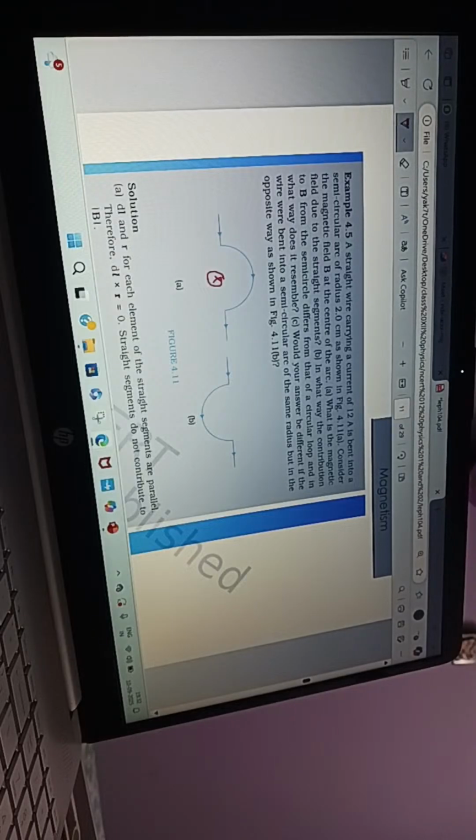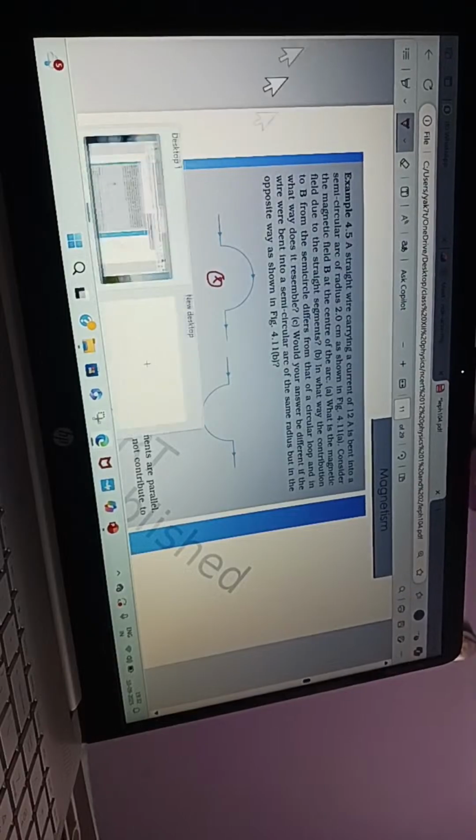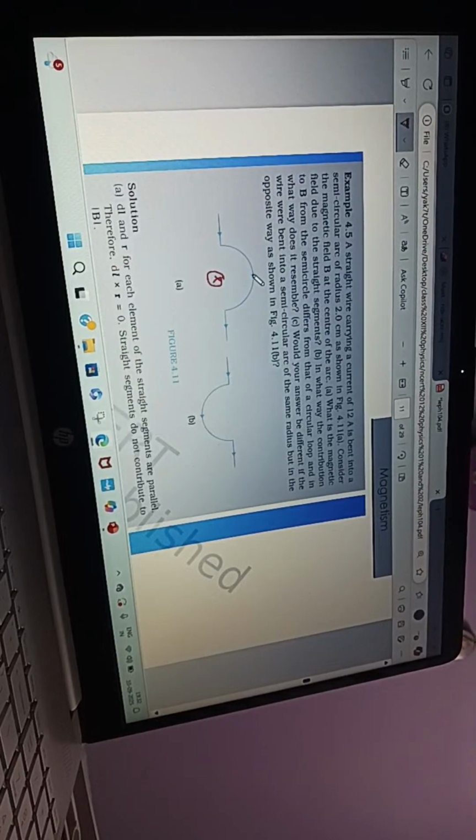The current is this one, you have to use the right hand thumb rule. You put your right hand thumb in the direction of the current on the top and encircle the fingers.